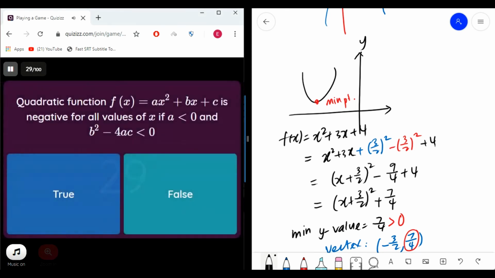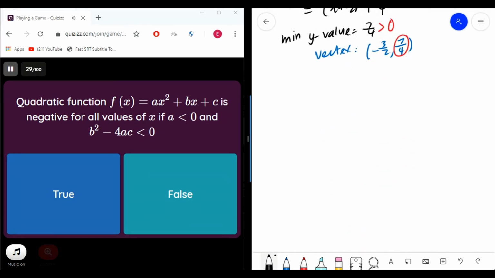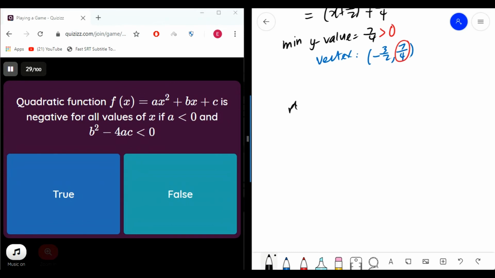Number 29. The quadratic function f(x) equals ax squared plus bx plus c is negative for all values of x if a is smaller than 0 and b squared minus 4ac is smaller than 0. Okay, if a is smaller than 0, it means it is a crying curve like this, and we will have a maximum point.